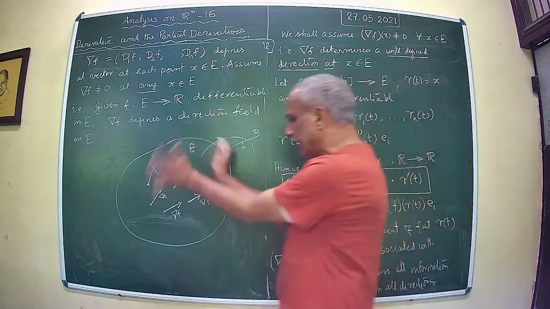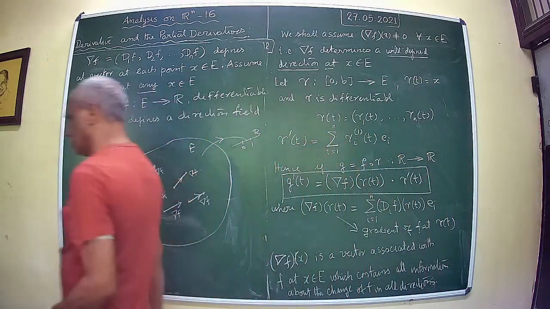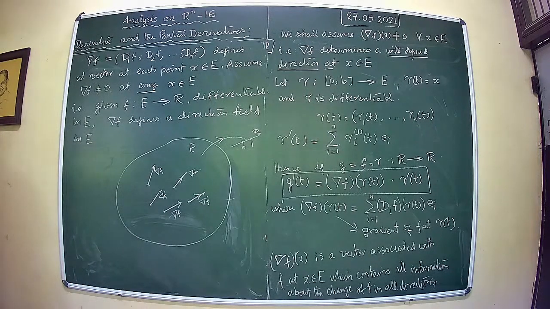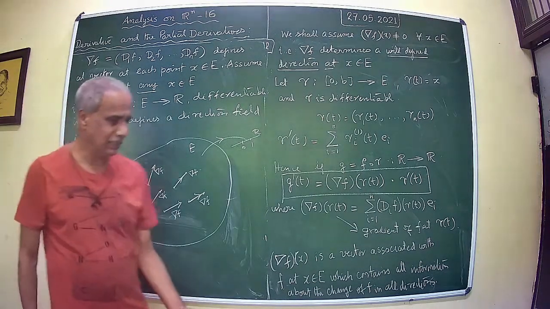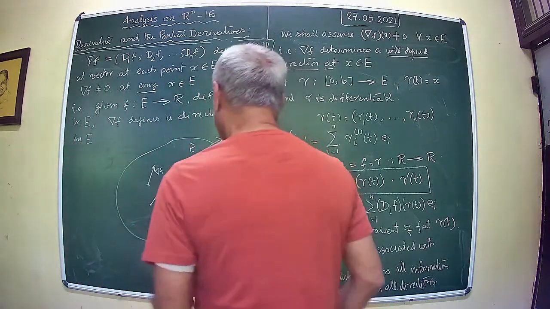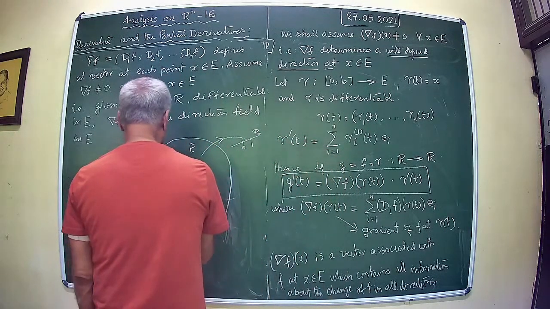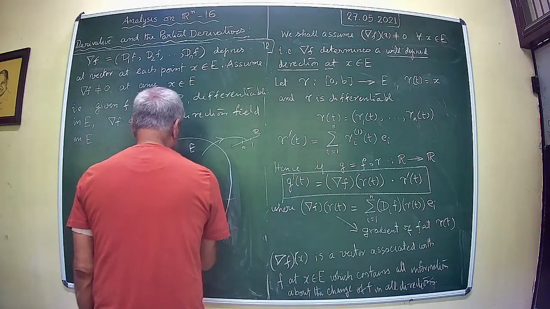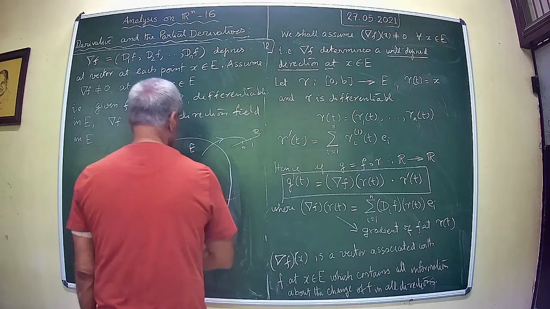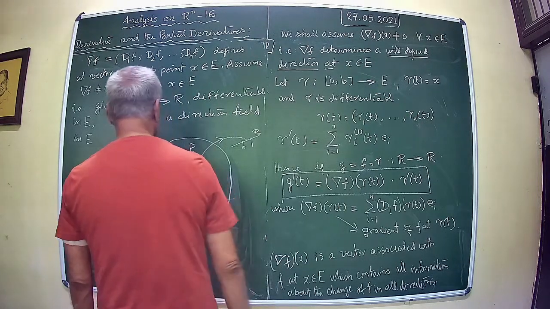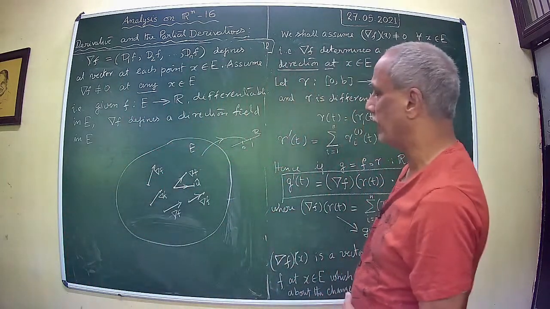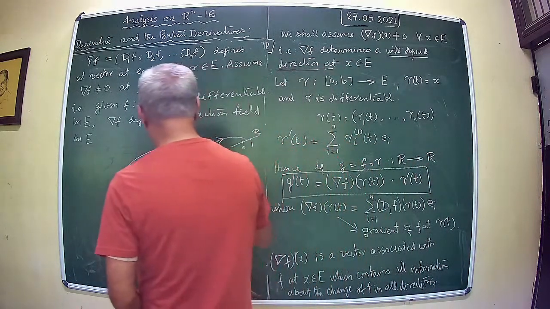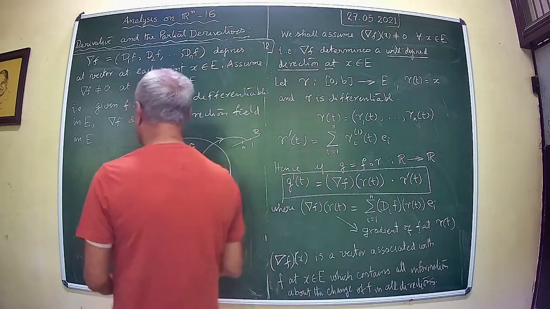So this direction field actually gives you all information about the directional derivatives. Okay, because suppose you take this point and you have a direction u, a vector u, then if you want to calculate the rate of change of f along the direction u, you take grad f dot u.